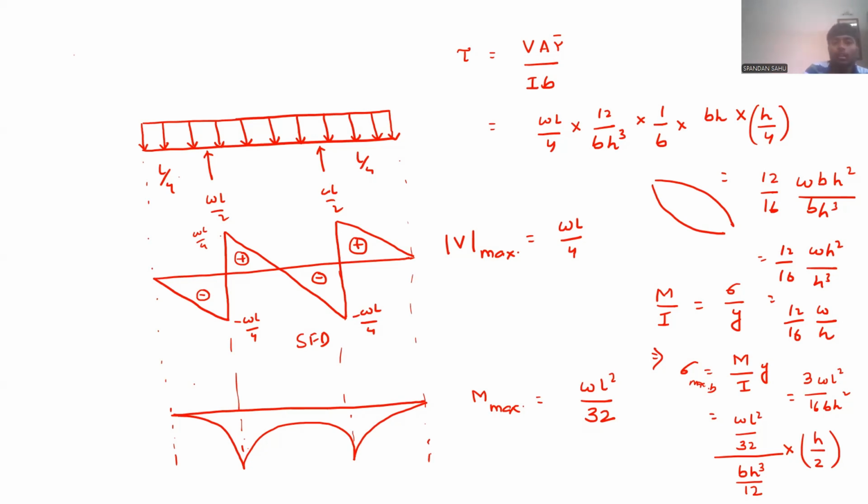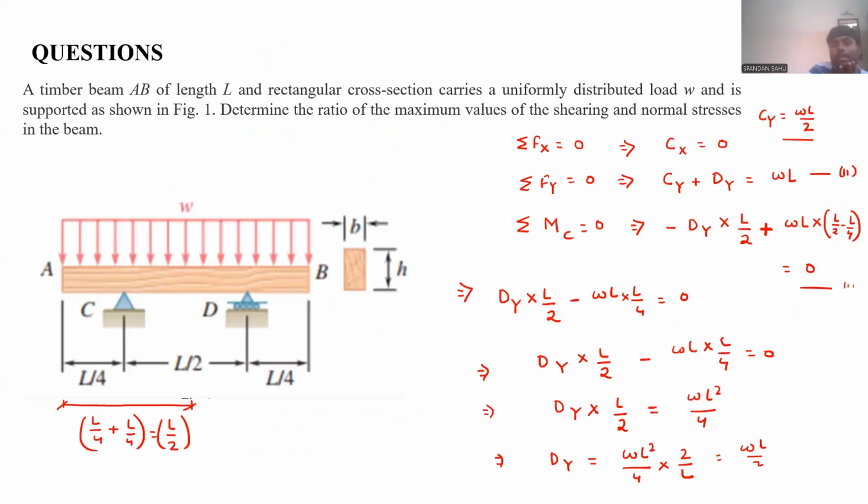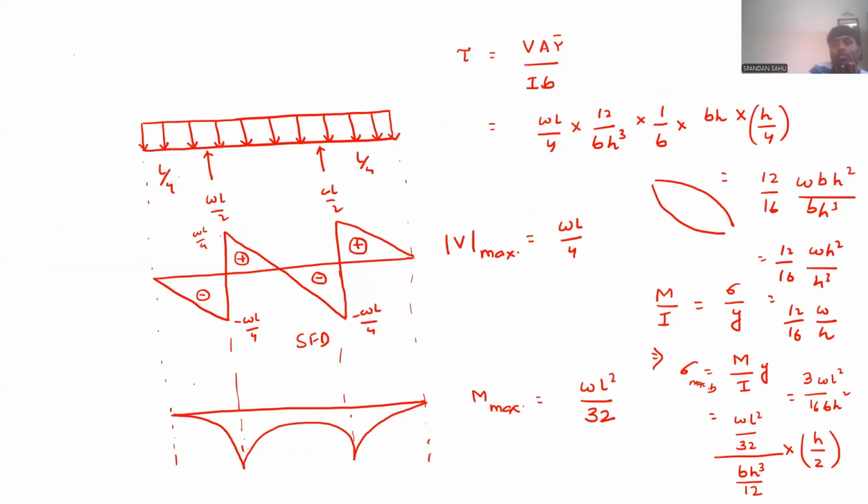So now what we have to do? We have to take the ratio of maximum shearing stress to bending stress or normal stress. So we have to report the ratio of maximum shearing stress to normal stress. So tau is 12 by 16 W upon H. Please substitute it carefully, otherwise we will be getting wrong values.